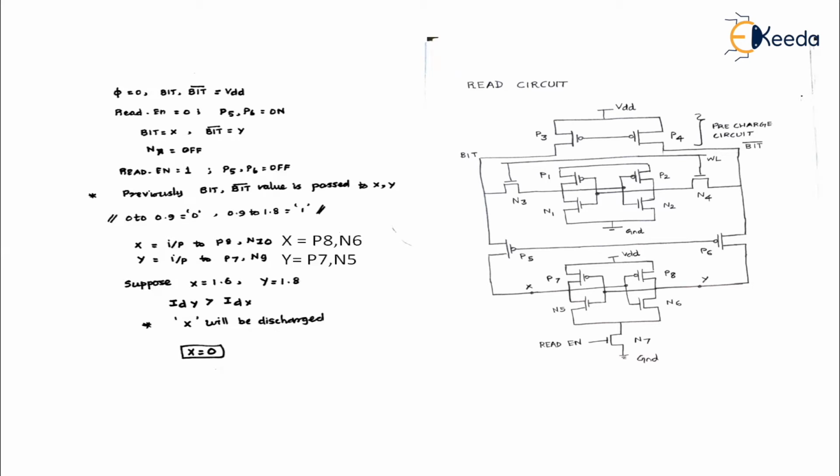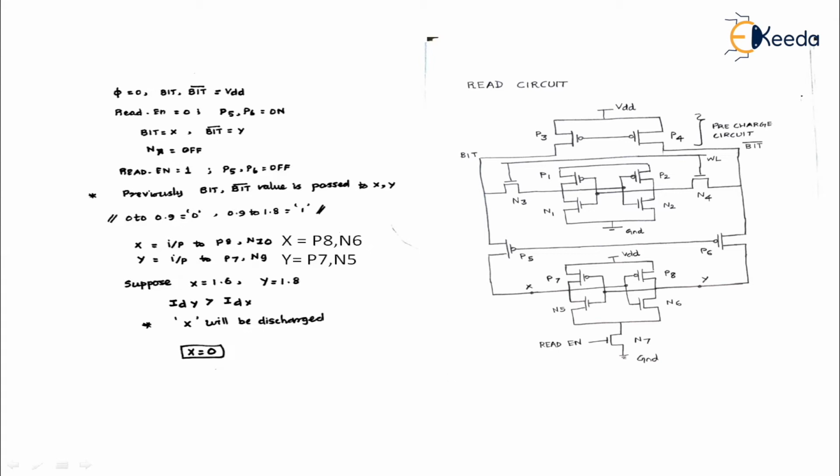When P5 and P6 are turned on, the value present in bit is moved to the node voltage X, and the voltage present in bit bar is moved to Y. At the same time N7 is in the off condition, which means there is no path for the output to discharge to ground.